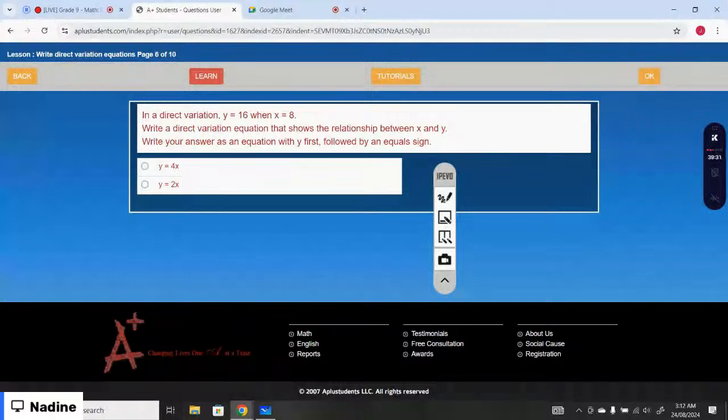The correct option is y equals 2x, sorry, that is not 4x. Option number 1 is the correct option. Okay, you can complete the lesson by yourself later today. Let me just move on to the next lesson.